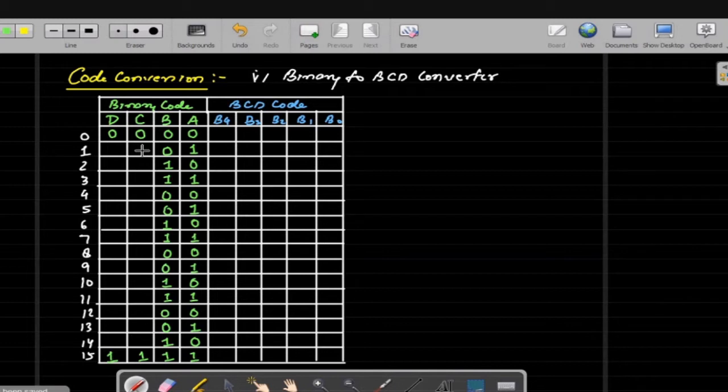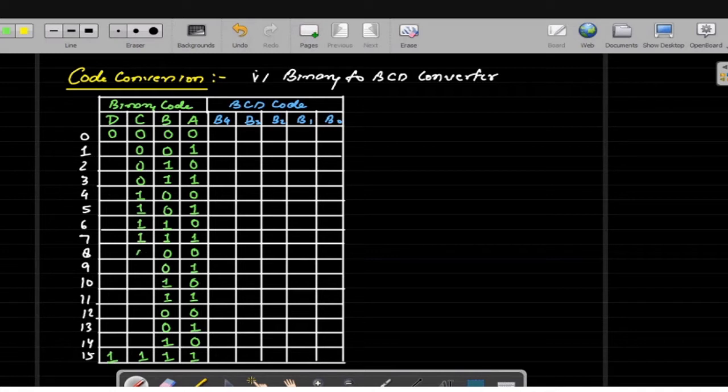Then 4 zeros and 4 ones. So this is 0 0 0 0, these are 4 zeros. Then 4 ones. Then 4 zeros again. Then 4 ones, and finally 8 zeros and 8 ones.